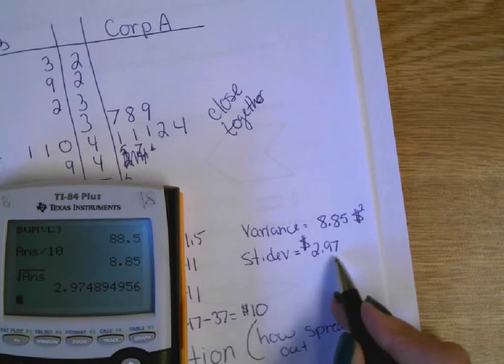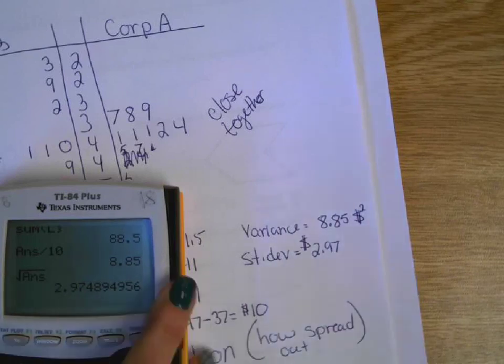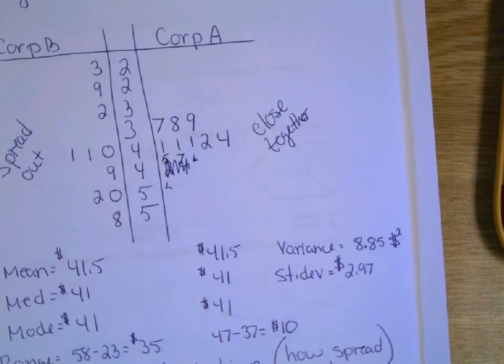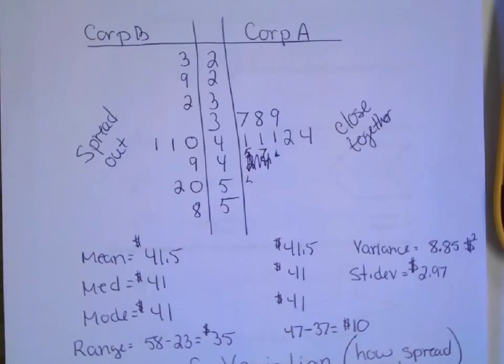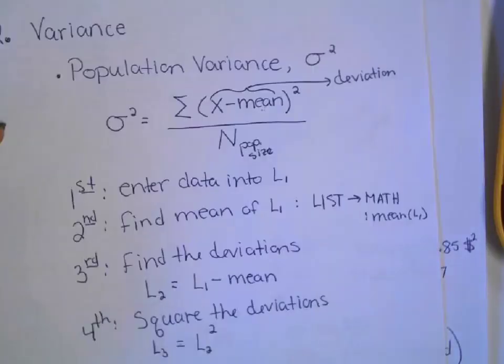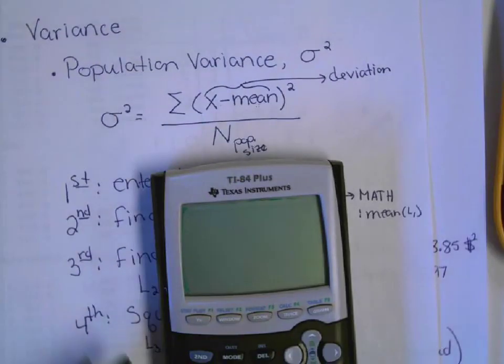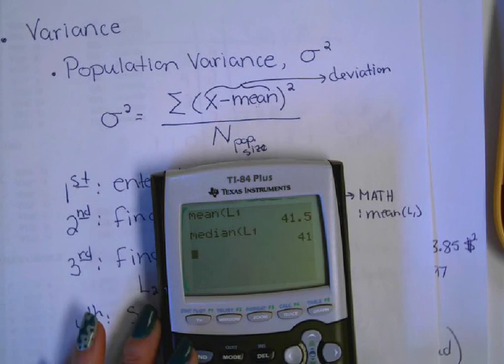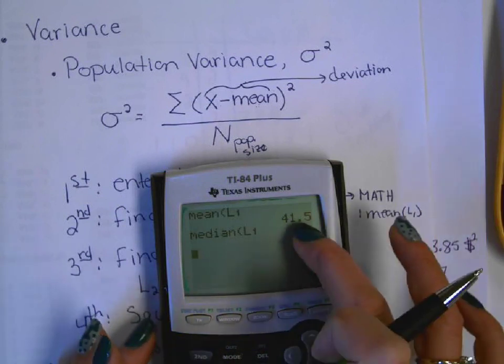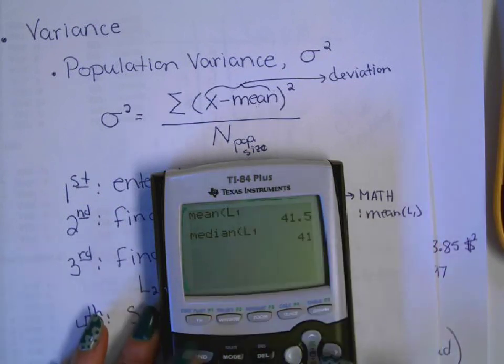Okay, pretty small number when we compare it to what I'll get on Corporation B. And watch how fast I can do one of these off of the formula. I don't even need to look at the steps if I have the formula. Okay. I know the mean is 41.5, so I've got that, so I'm ready to start.